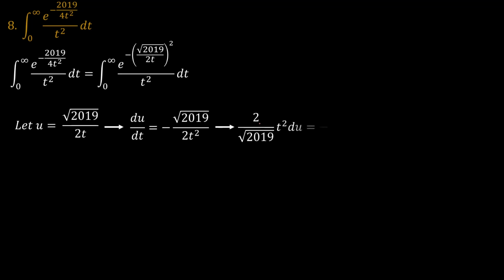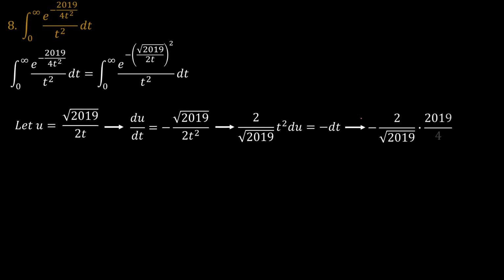And we can say let u be equal to the square root of 2019 over 2t, such that du dt is negative square root 2019 over 2t squared. And so that means that dividing both sides by this constant, 2 over square root of 2019, t squared du is the same as negative dt.